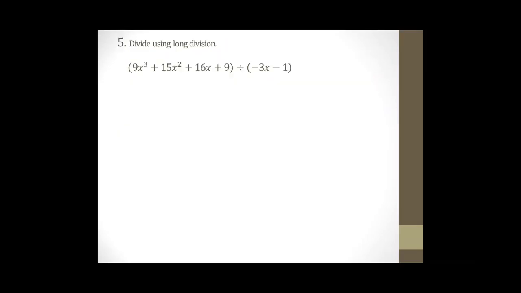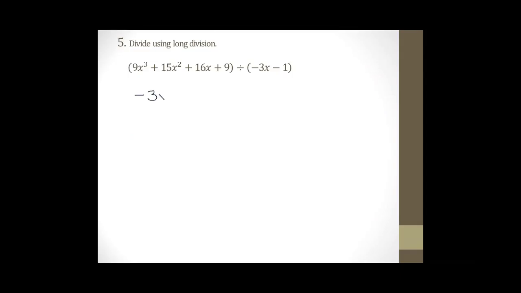Dividing using long division. Okay, so long division is actually fun if you know the steps that you have to take to get to your solution. First of all, if you have a long division problem, you should rewrite it to set it up nicely, starting with the second number or the second part.